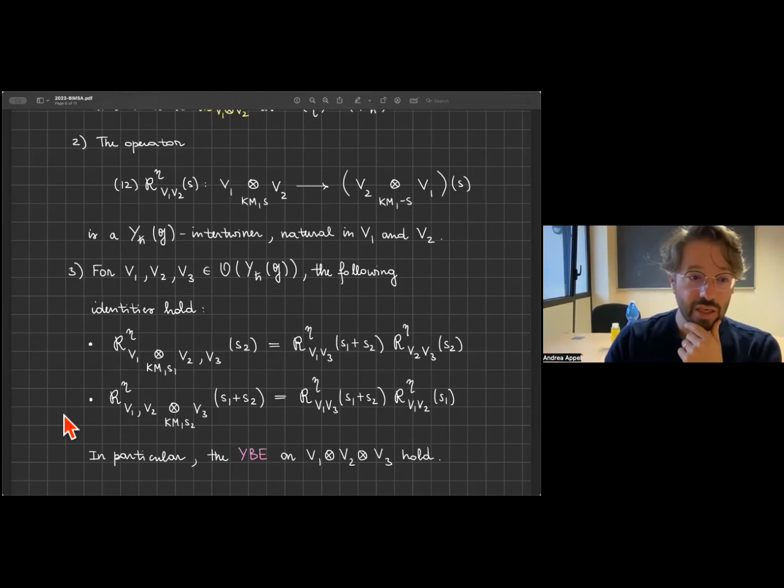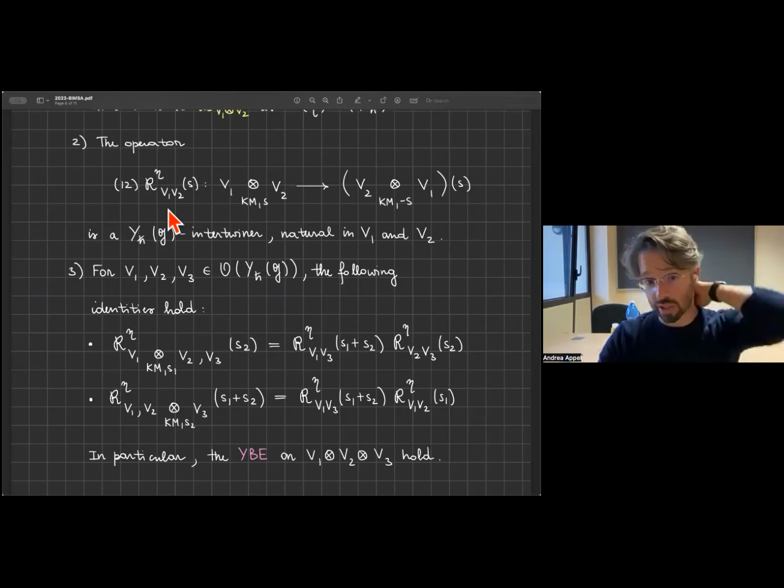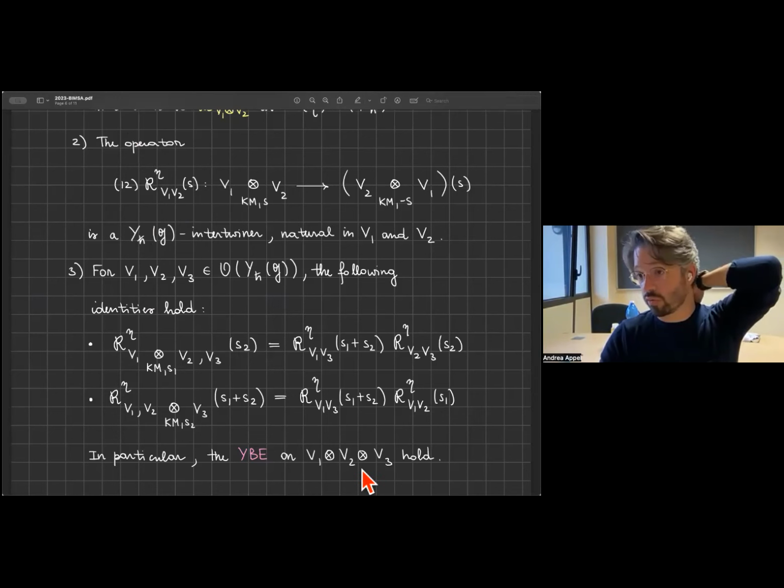Okay, so we have these identities here, and then again by putting together these two properties 2 and 3, I can conclude that the operator R in fact is a solution of the Yang-Baxter equation on V1 tensor V2 tensor V3. Okay.